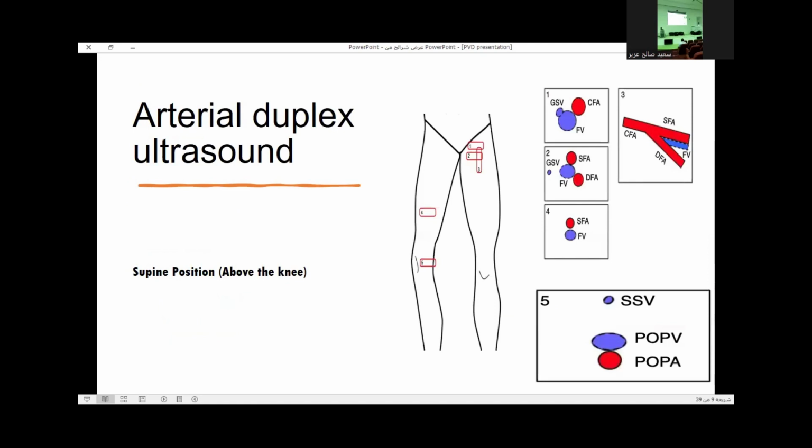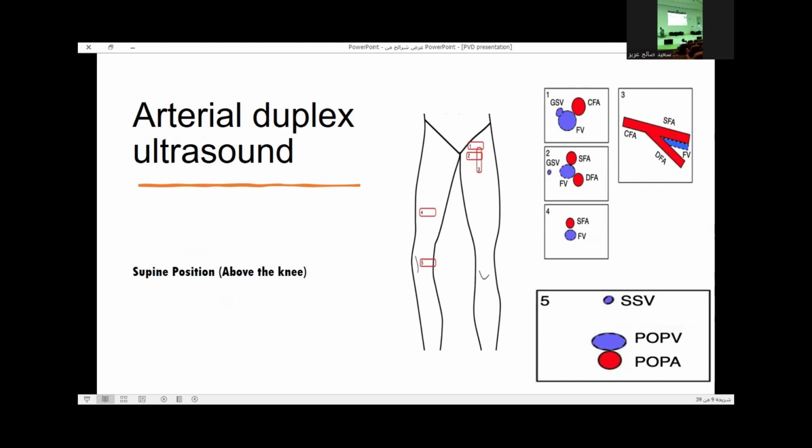Usually we use this for pedal arteries. The pathway to evaluate the lower limb arteries, as seen in this picture: for the common femoral and proximal superficial femoral arteries, we can see the transverse views 1 and 2 in these images. This is what we will see in ultrasound.